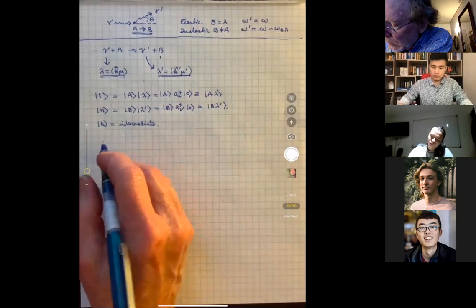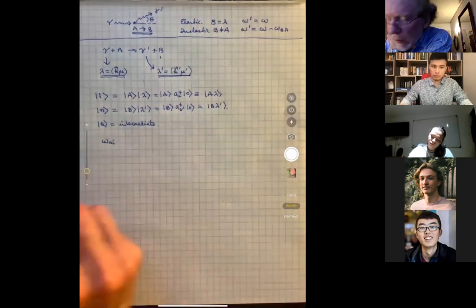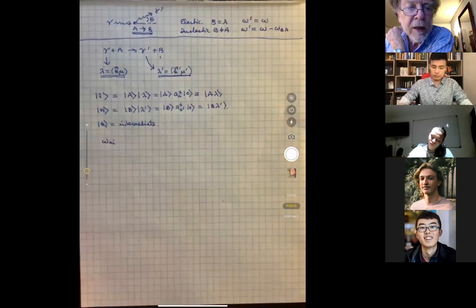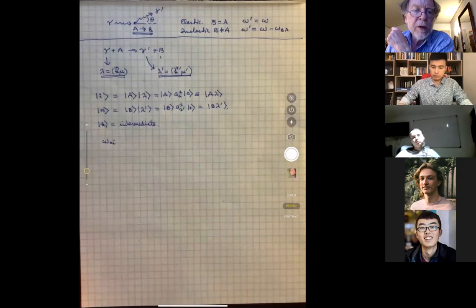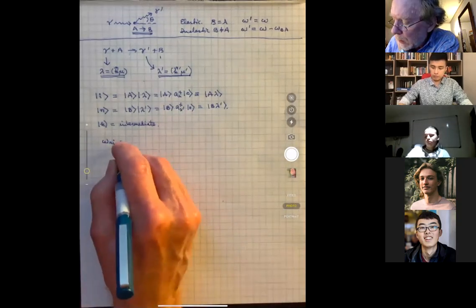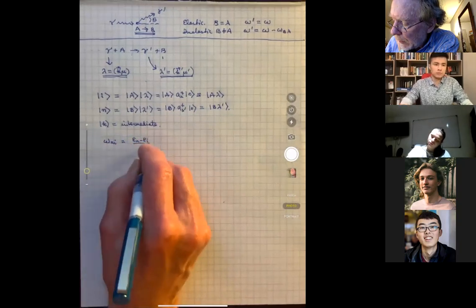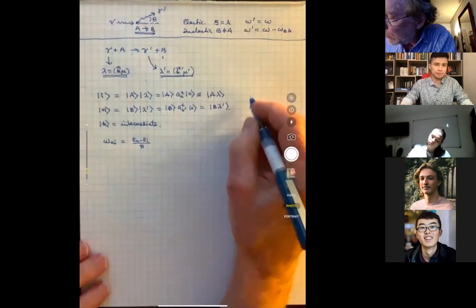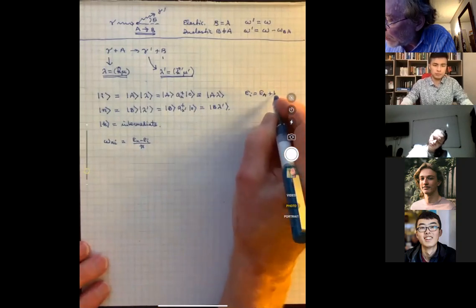Now then, we also know that in time-dependent perturbation theory, we need this frequency omega ni, which is the Einstein frequency connecting the initial and final states. This is what goes to zero to enforce energy conservation. This is the final energy En minus the initial energy Ei divided by h bar. The initial energy Ei is equal to the energy of the atomic state A plus h bar omega.